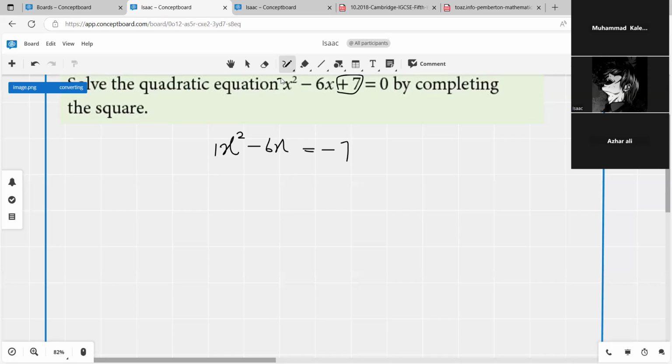Let's suppose it was 3 or something else, then you have to divide everything by 3, so then it will be 1. But fortunately we already have a 1 in this question, so there is no need to divide this equation by any number. That's the first step which we did not need to implement here.